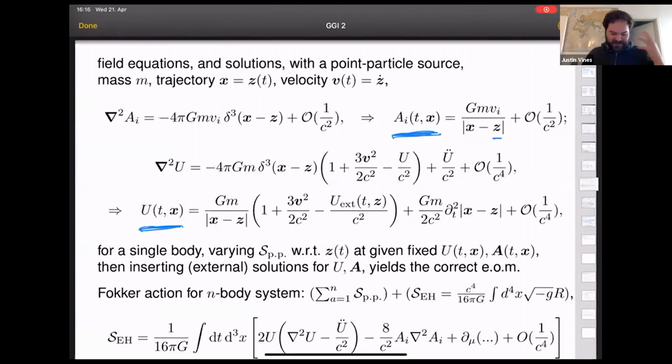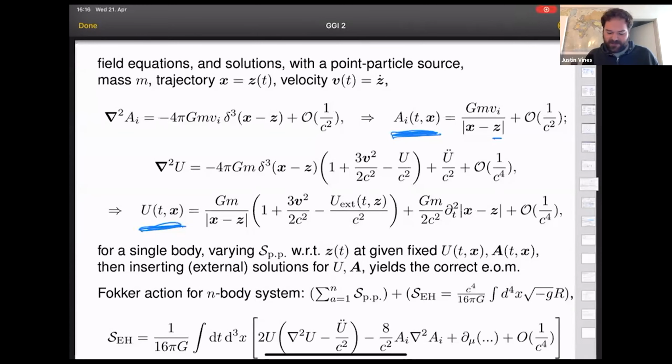So again, the point I want to make is that the Hamiltonian, or the equations of motion, or the scattering angle, is not the end of the story for the conservative dynamics, in a sense. What we really need to move forward and to relate everything we've done so far to the radiative physics, which is coming tomorrow, is not just the equations of motion for our world lines, but also these solutions to the field equations.